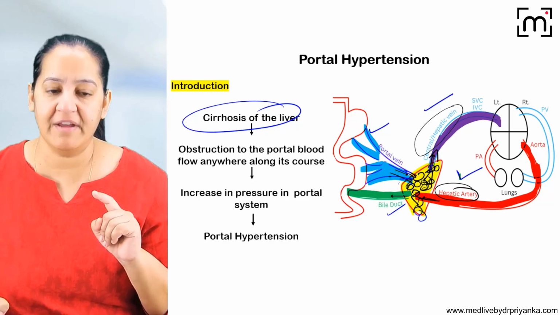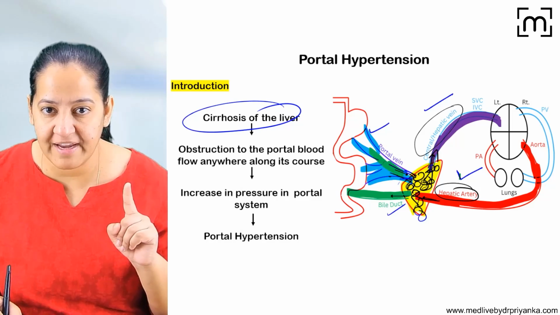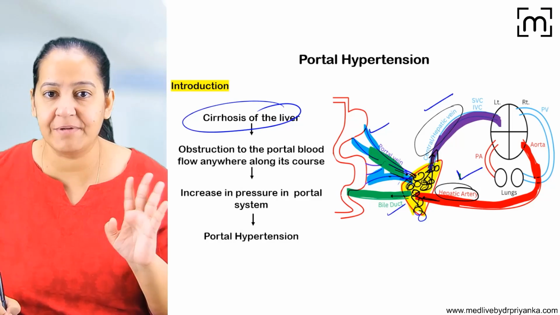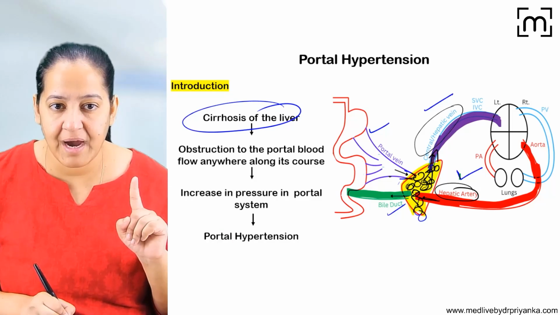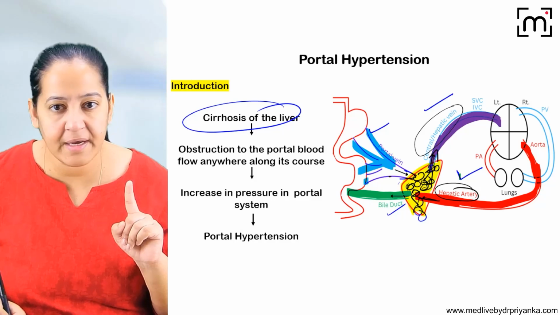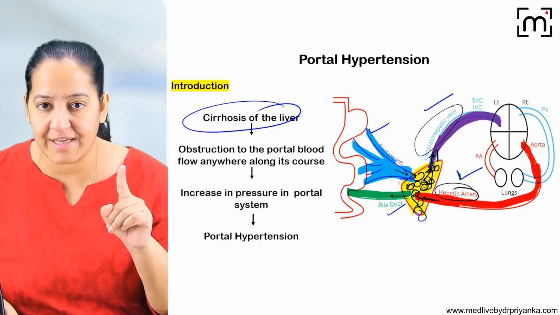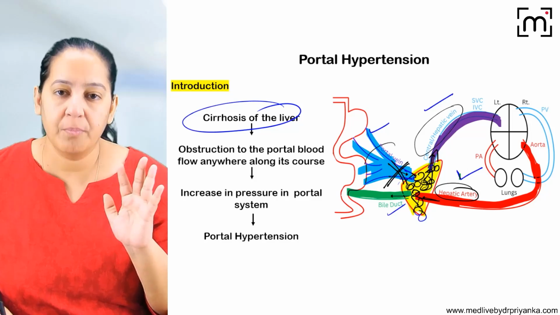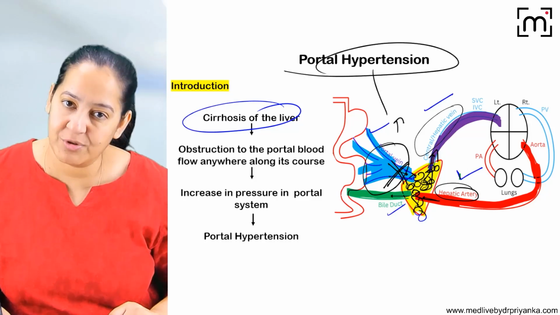This is the portal vein. Since the liver is damaged, it is not accepting the blood from the portal vein. So the portal vein pressure is increased, and that is known as portal hypertension.